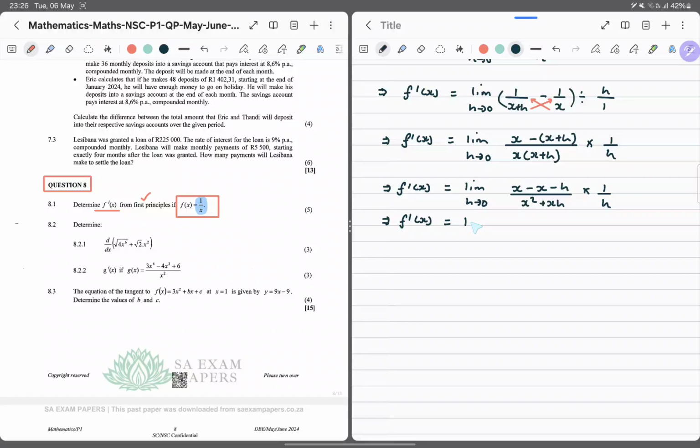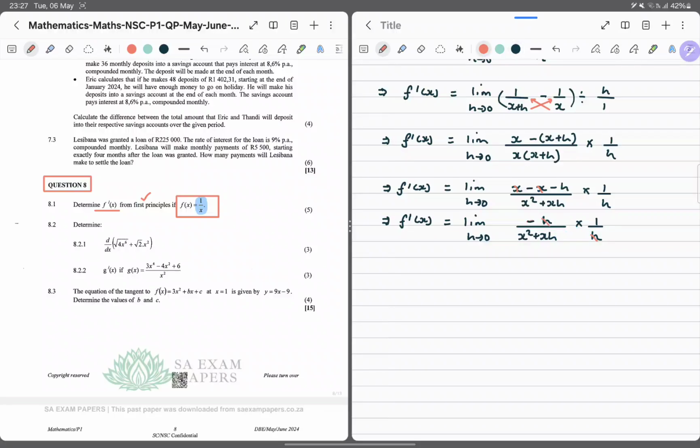f prime of x equals the limit as h tends to 0. Now we've got terms that cancel out, so we remain with minus h, all divided by x squared plus xh times 1 over h.